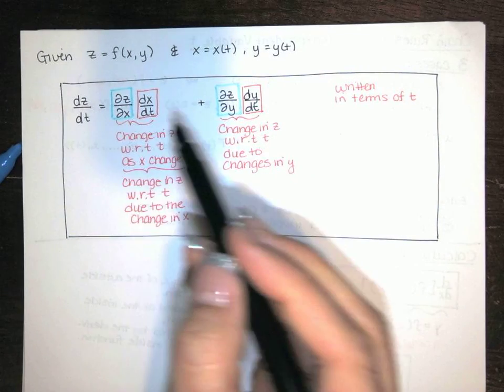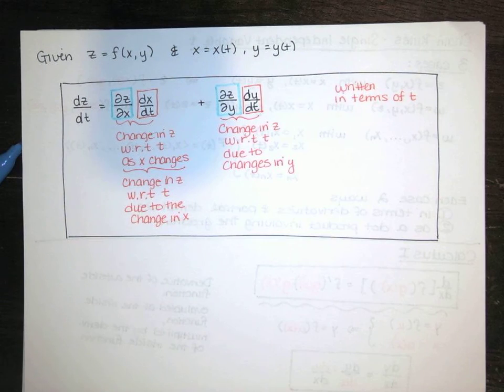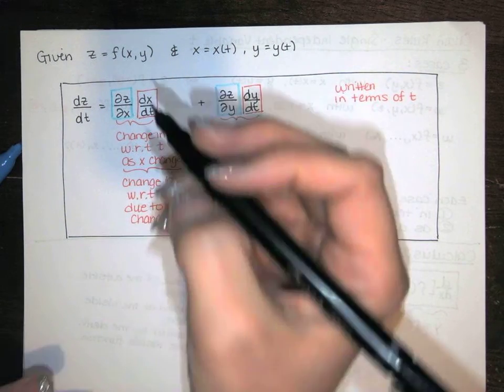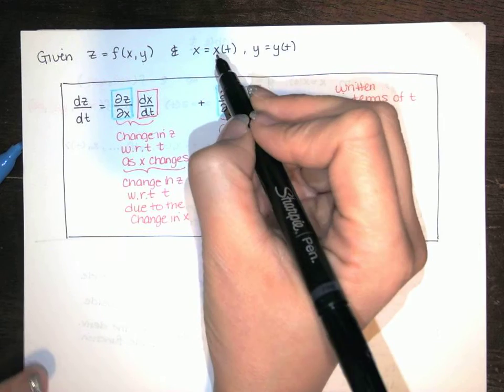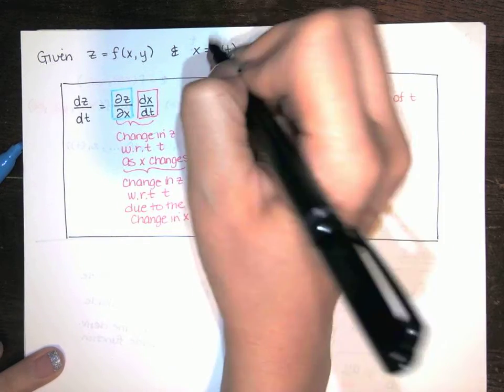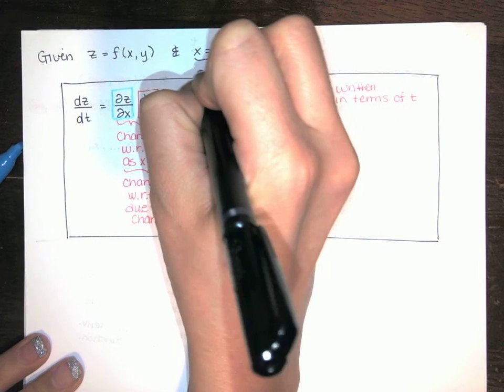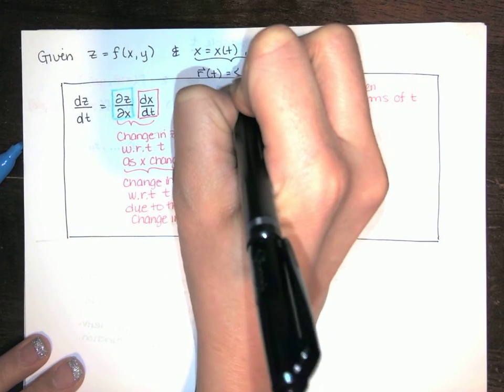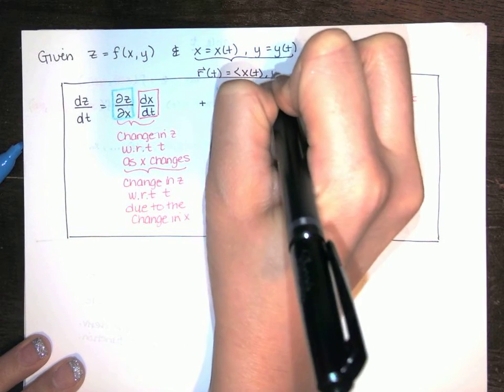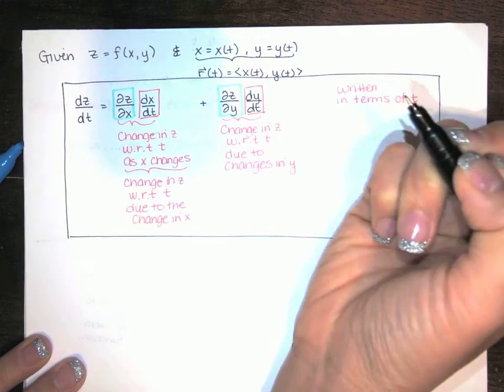Now, I can think of this as a dot product if I write this just a little bit differently. So if x is equal to x of t and y is equal to y of t, I could think of those as parametric equations for some vector valued function r of t. So r has components x of t and y of t.